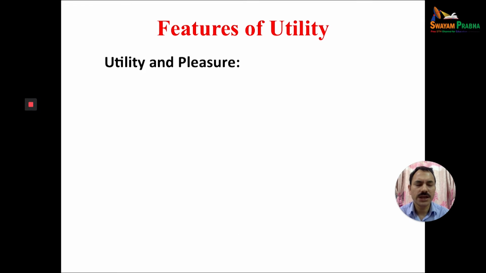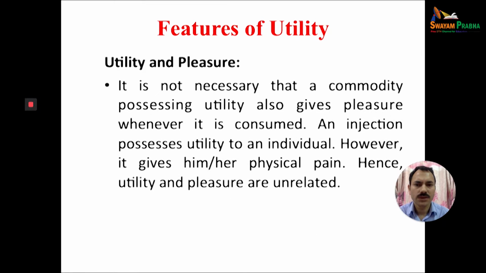Next, utility and pleasure. Although when we consume, purchase or use a product, it gives us happiness or pleasure, it is not always necessary that a commodity possessing utility gives you pleasure.